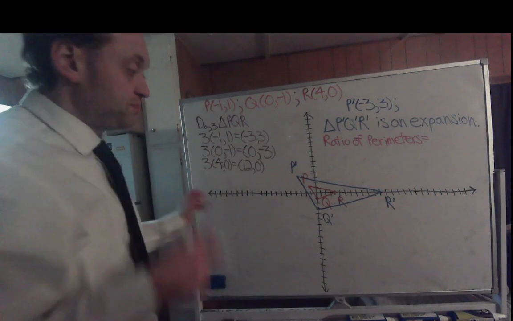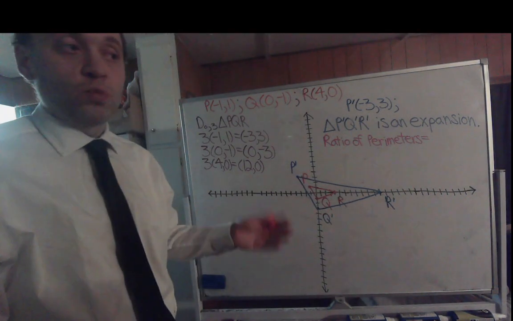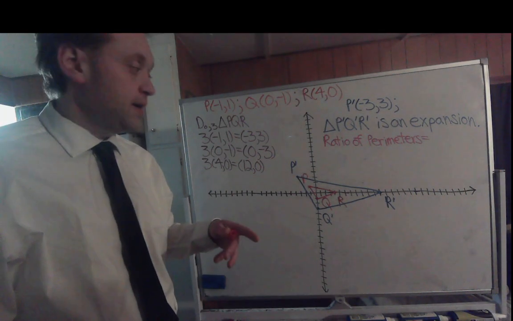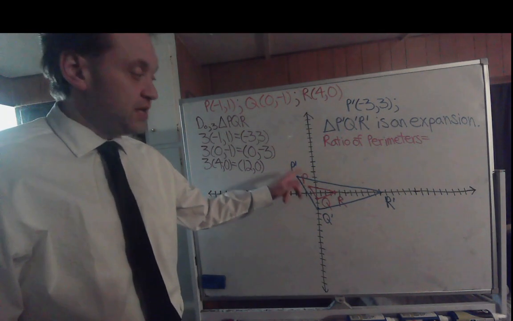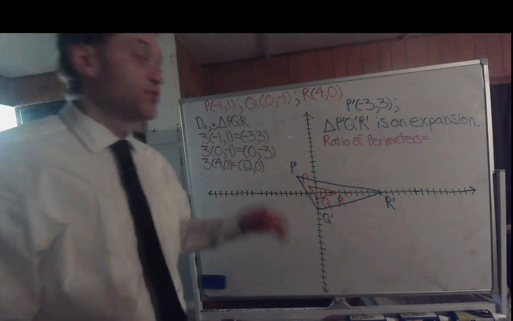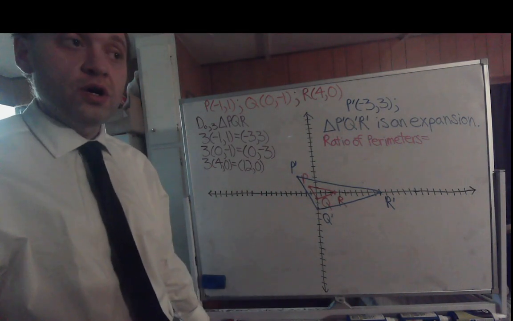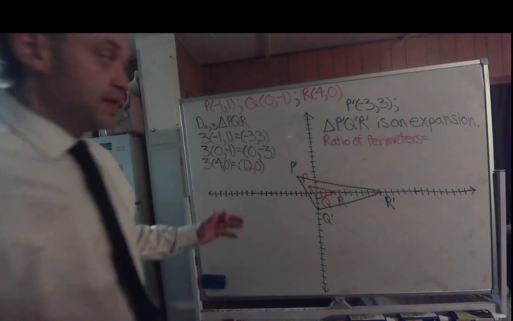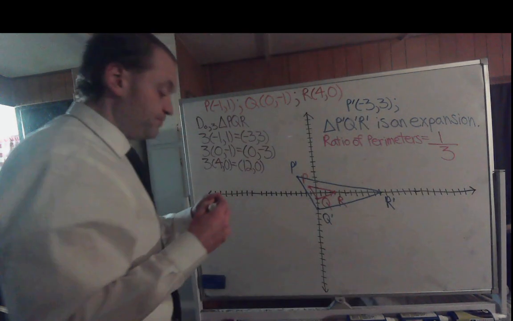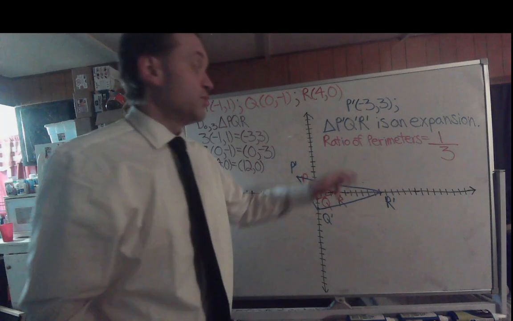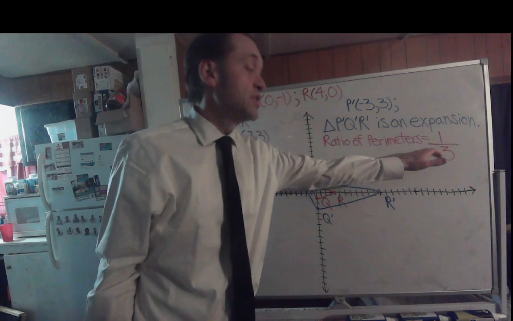Of course, PQR is always your 1. That's what you started with, right? So if P prime, Q prime, R prime is 3 times more than PQR, then that tells you that the ratio of the original to the dilation is 1 to 3. Which also would mean the ratio of perimeters is in fact 1 to 3.